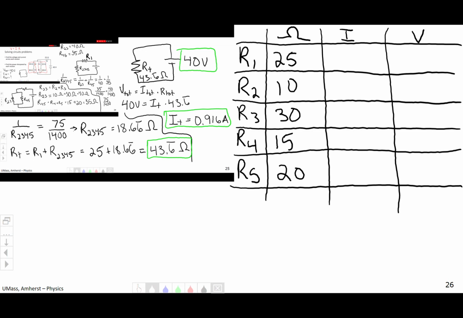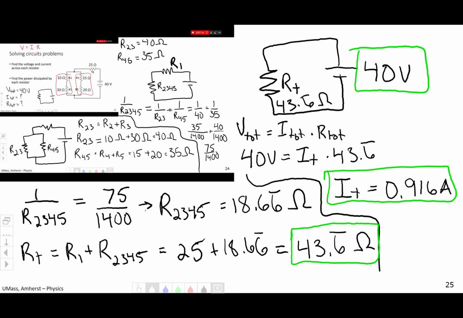So for R, let's start with R1. We know that R1 is in series with R2,3,4,5, and that those two combined make the total.